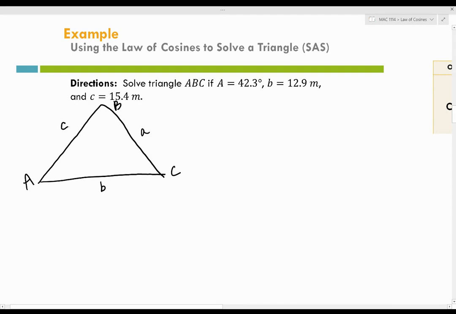Remember, sides are across from the angles they face. I'm going to put in the information I've been given: angle A is 42.3 degrees, little b is 12.9, and little c is 15.4. Like always, I'm going to fill in a table so I can keep track of what I have and what I'm looking for.